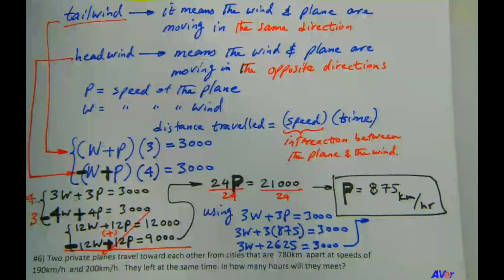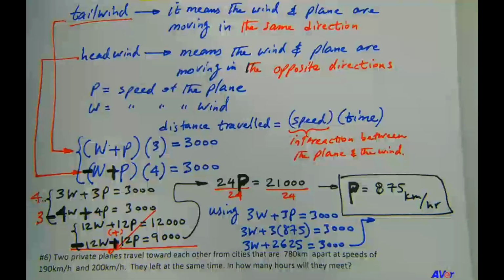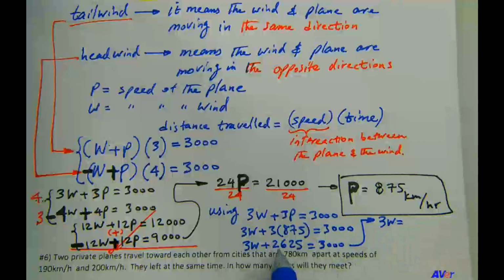So then we have 3W equals 3,000 minus 2,625.